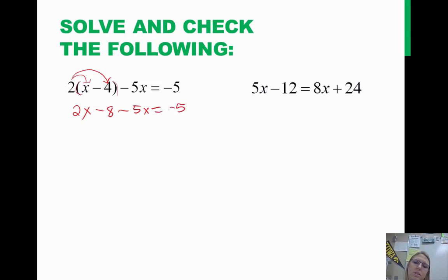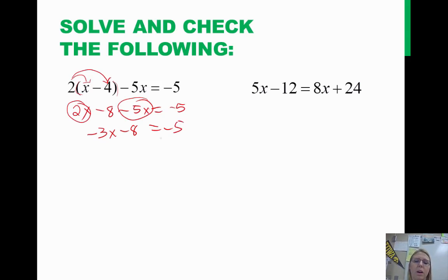Now, the right side of the equation is already simplified. There's only a constant there. On the left side, I need to simplify, and I can do that by putting my 2 x values together. I have a positive 2x and a -5x. This makes it -3x minus 8 equals -5.